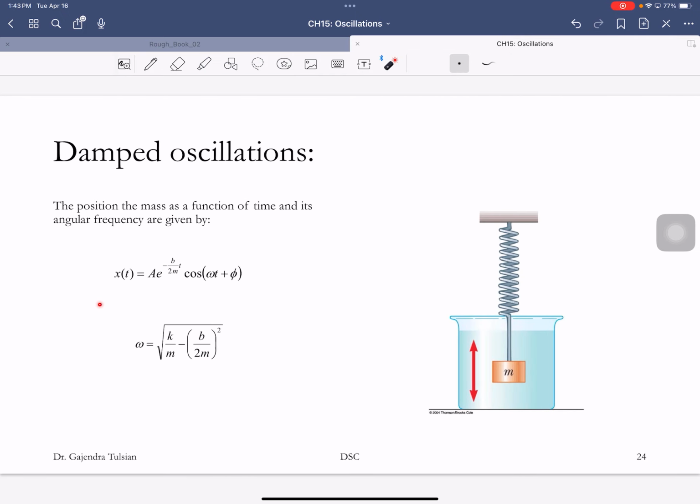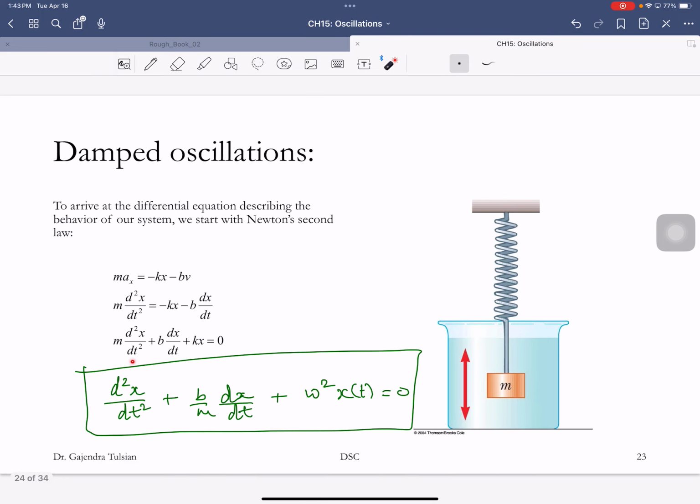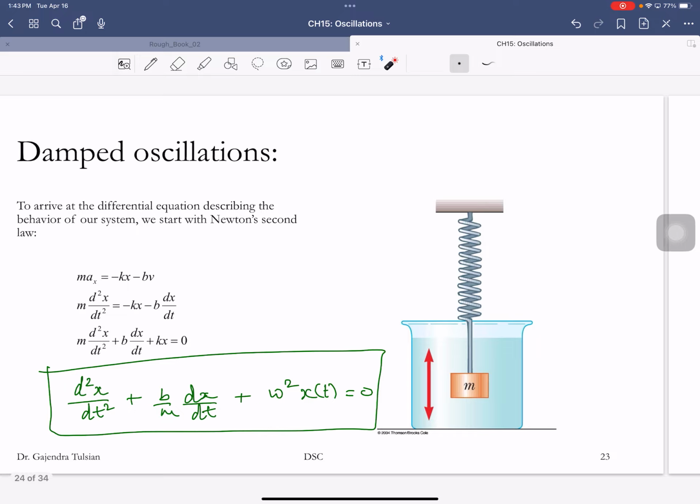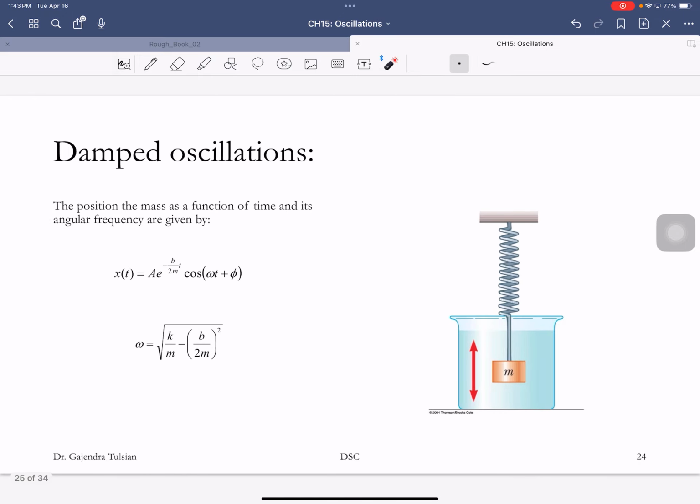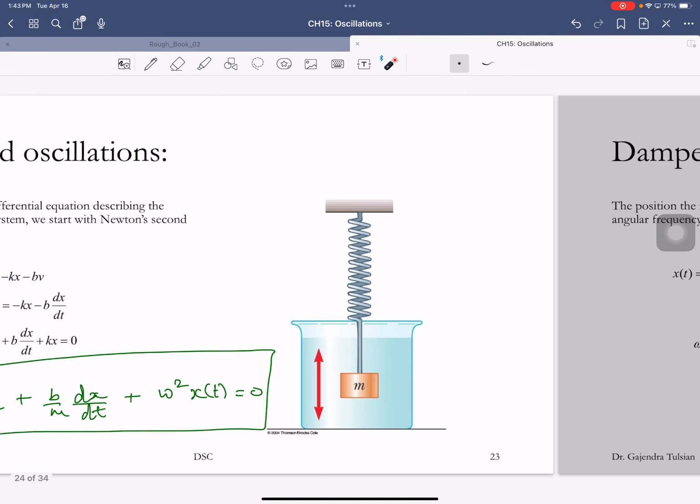All right, again, you'll learn how to solve this. And a mixture of science and art. So how many unknown constants are there in the solution? A and phi. That's because it was a second order differential equation. And what is happening because of the friction?